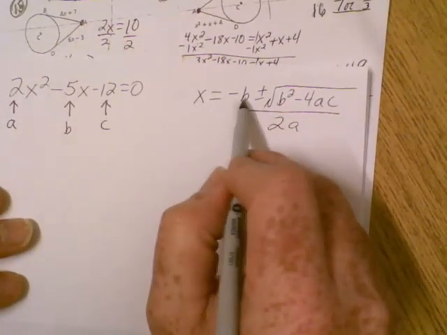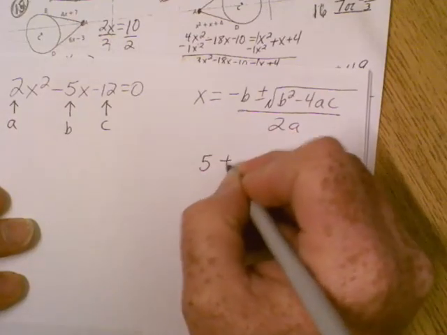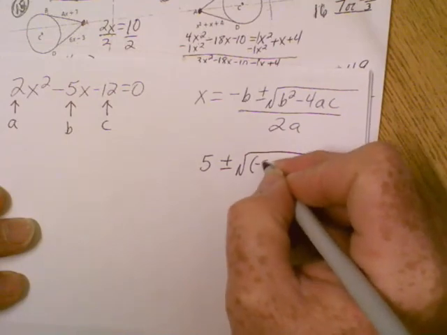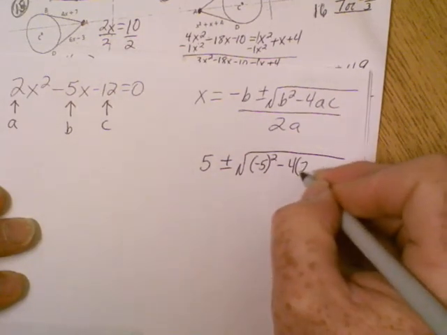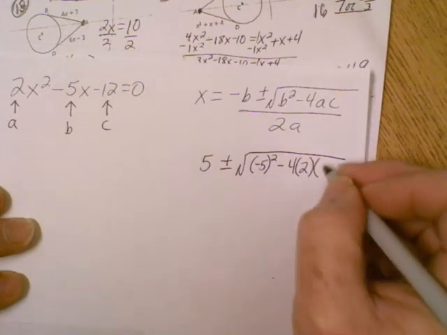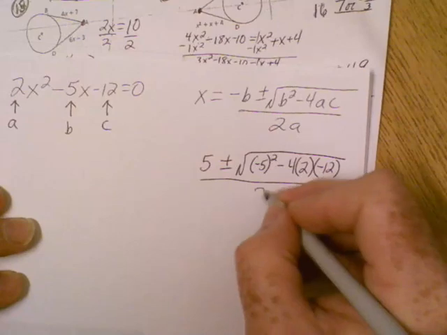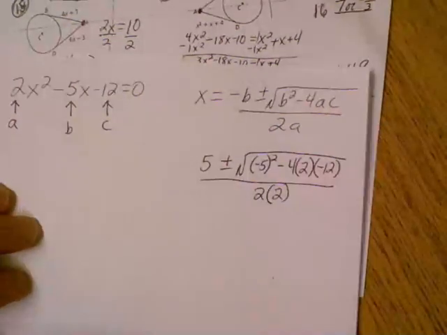The opposite of b, that's the opposite of negative 5, well, that's going to be a positive 5, plus or minus the square root of negative 5 squared minus 4 times 2, which is a, times negative 12, which is c. All that divided by 2 times a, which is 2.